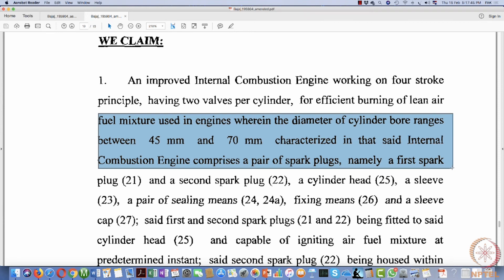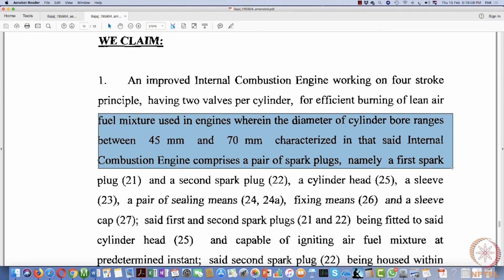So this is the way Bajaj was able to get over objections the patent office would have raised in this case, and by introducing a smaller bore or a limitation to the bore size, they were able to get away with the objections raised at the patent office. So this part was introduced by an amendment.